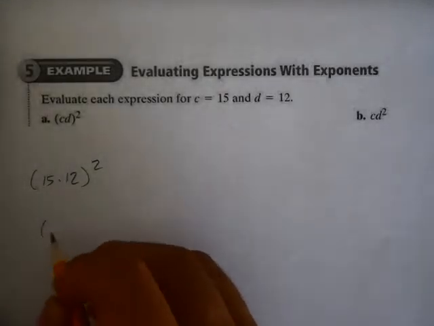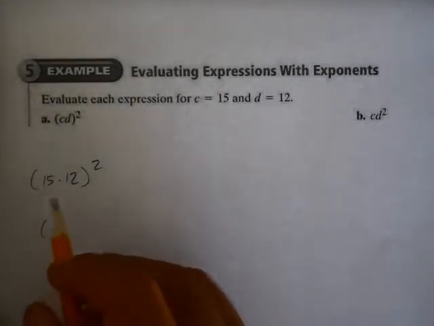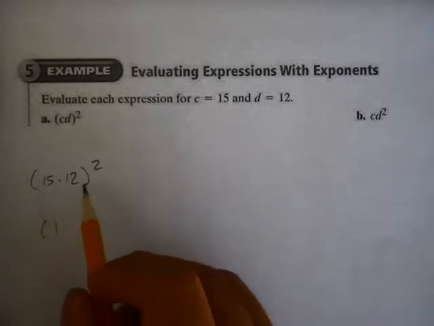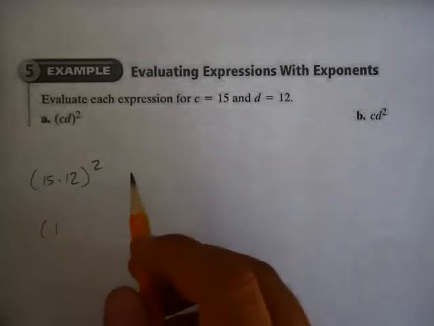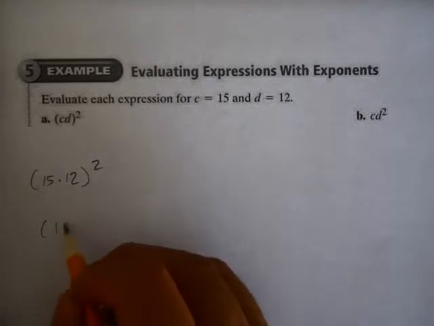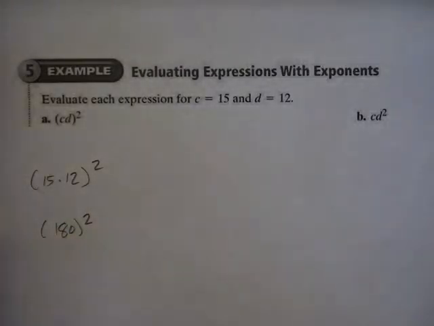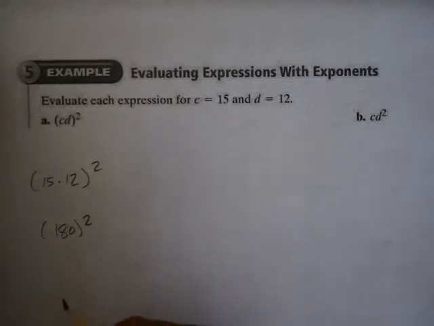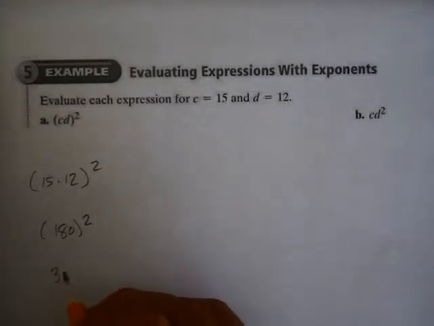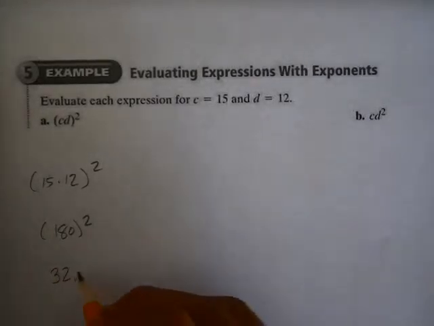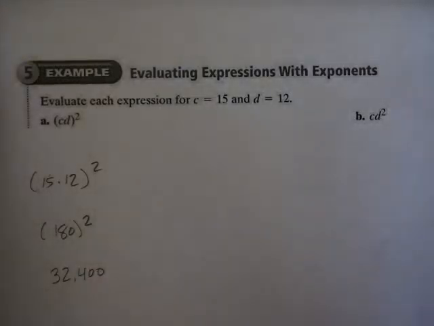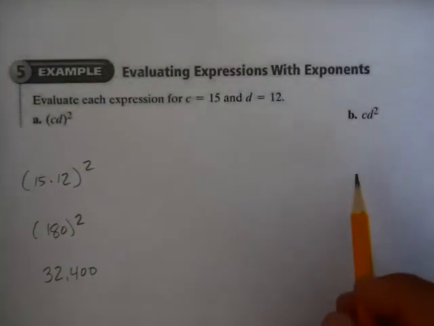Well, 15 times 10 is 150, and 2 times 15 is 30, so that's 180 quantity squared. The next step is 180 squared, which is 180 times 180, and that is about 32,400.